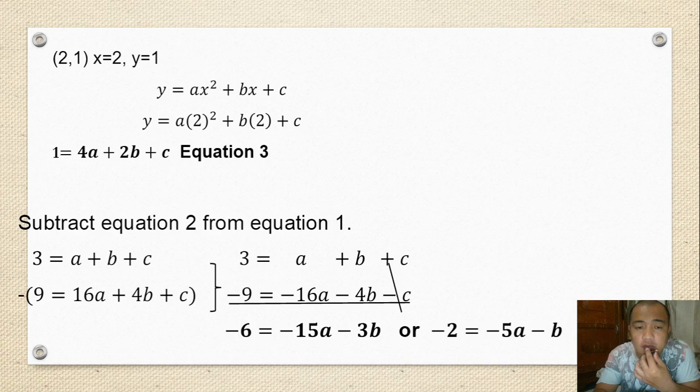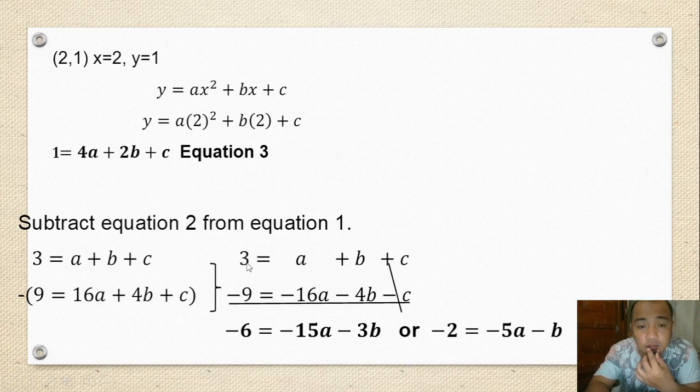Equation 1 is 3 equals a plus b plus c, while equation 2 is 9 equals 16a plus 4b plus c. So we first multiply equation 2 by negative 1, so that it becomes negative 9 equals negative 16a minus 4b minus c, and from this we can cancel c. Then add the two equations.